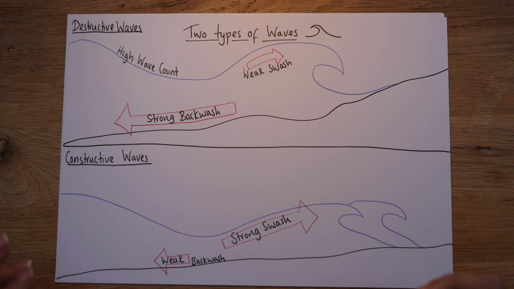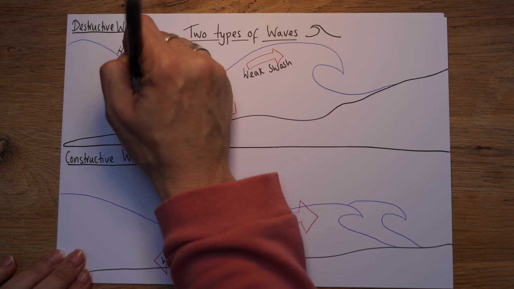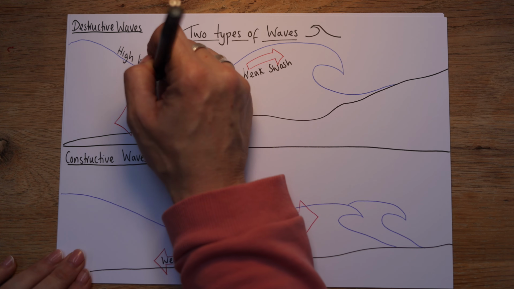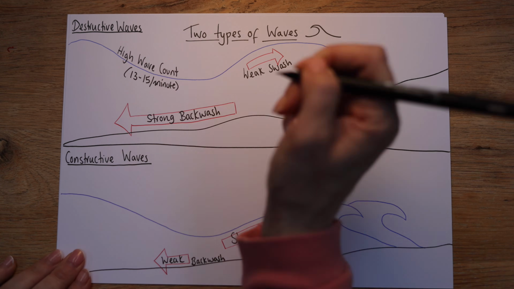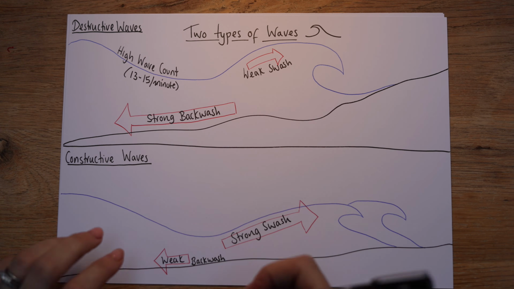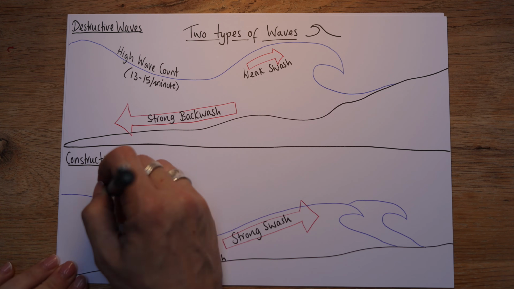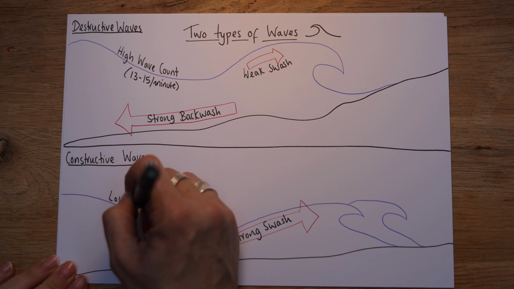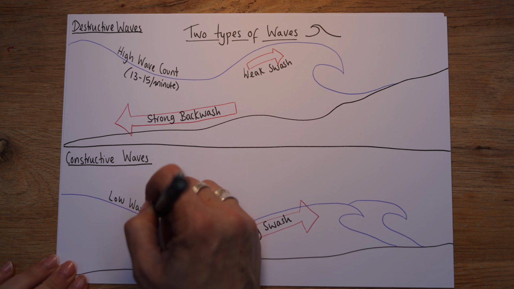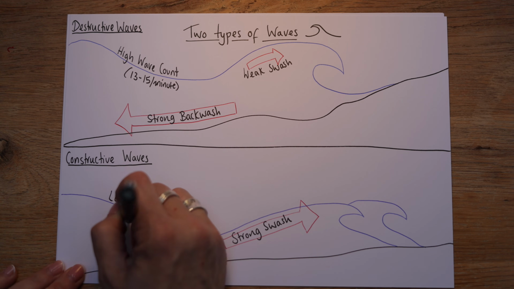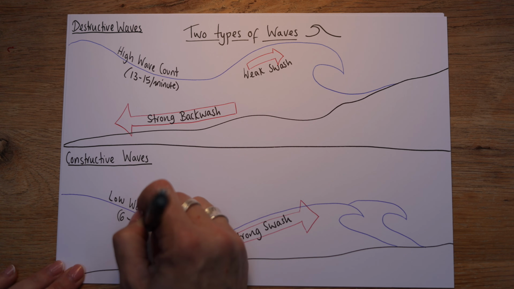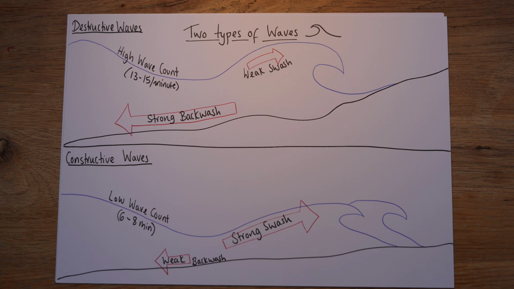That just means if you time a minute, you should count somewhere between 13 to 15 waves per minute. Whereas constructive waves, on the other hand, have what we call a low wave count. So if you're there with your watch or your phone, it's 6 to 8 waves per minute.